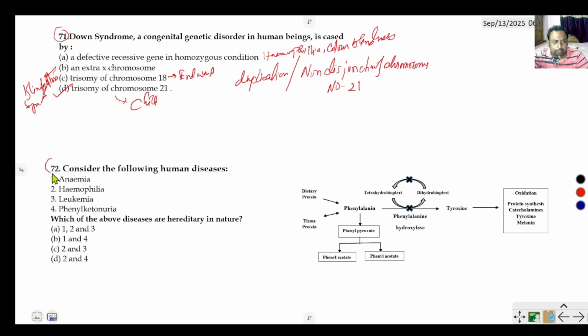Question number 72 says, consider the following human diseases. Anemia means lack of hemoglobin due to deficiency of iron. Hemophilia is an X-linked recessive disorder.